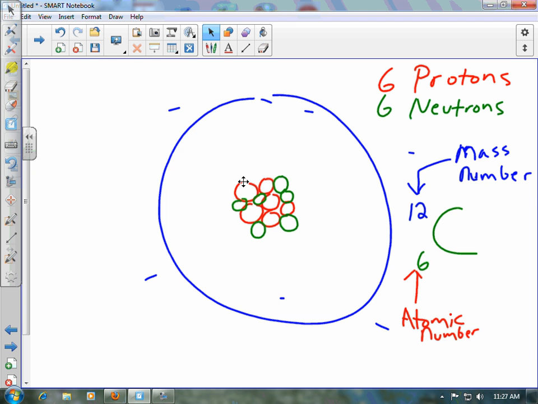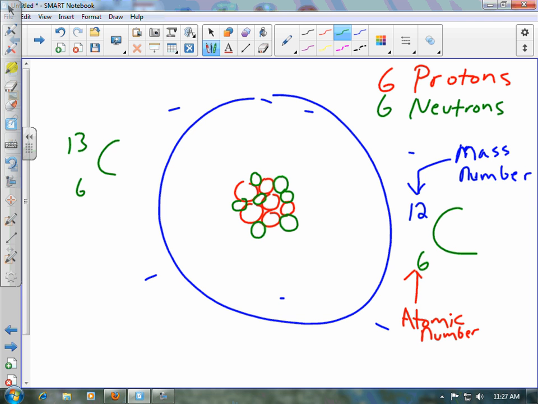So we know what atom we're dealing with. We're dealing with carbon. It's got its mass number, but it turns out that you can have a number of different versions of carbon. You can have an extra neutron, so that would become now 13C6, like that.